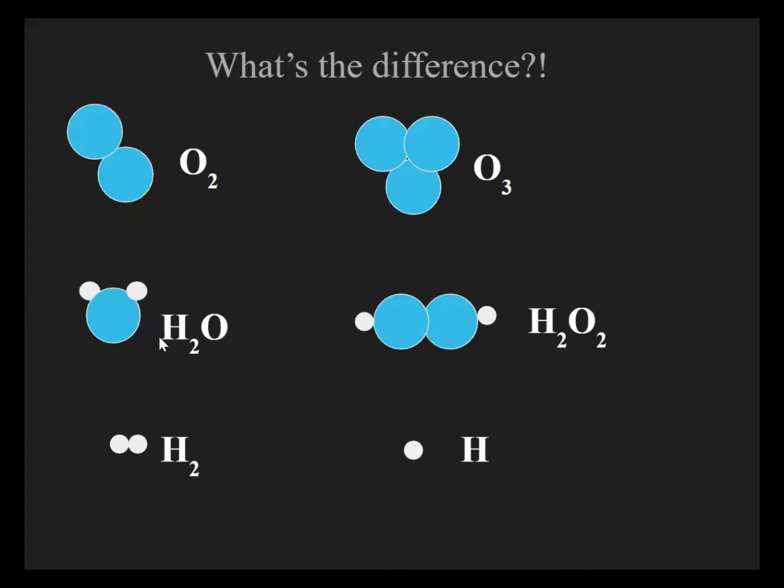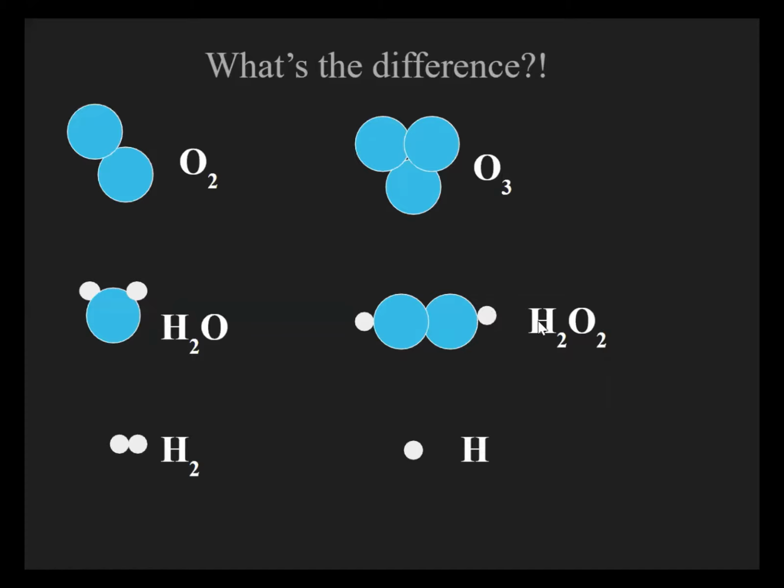So we've got water, two hydrogens and one oxygen. And then we could also have two hydrogens and two oxygens. You'd be like, why would it matter if you have one dumb extra oxygen? That doesn't seem like that big of a deal, right? It's just one extra oxygen, but this is water, which you need to live, and this is hydrogen peroxide.